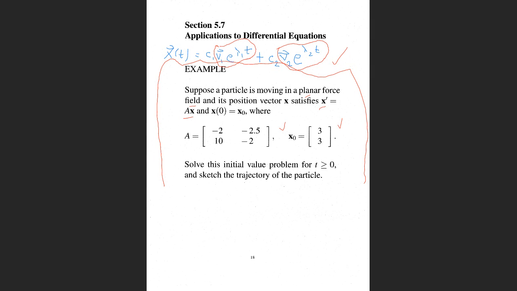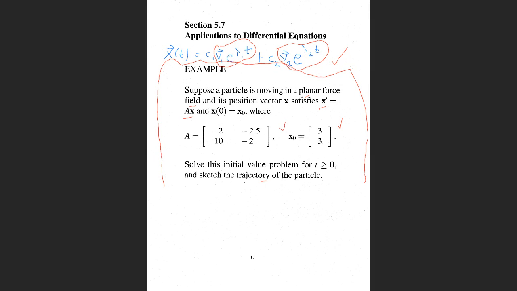So we're going to have to get a solution x that describes the trajectory of the particle in terms of real functions, because we're not working in a complex space. We're working in real two-dimensional space.